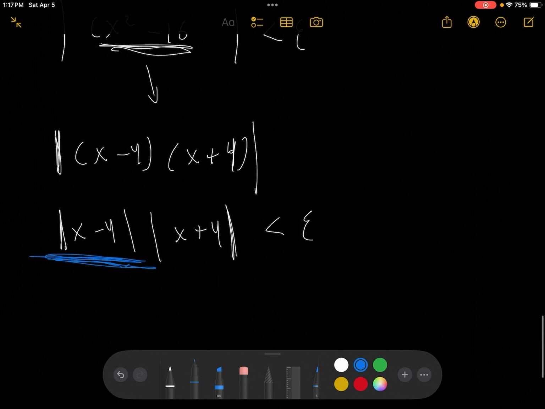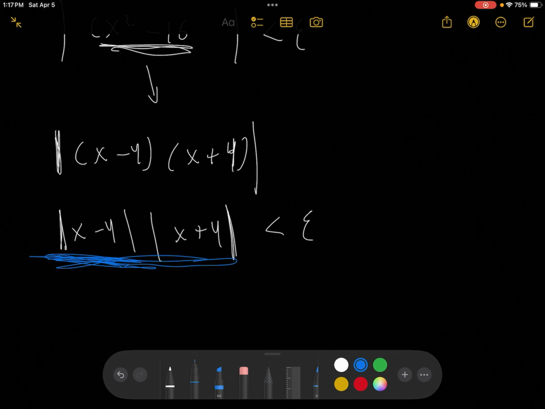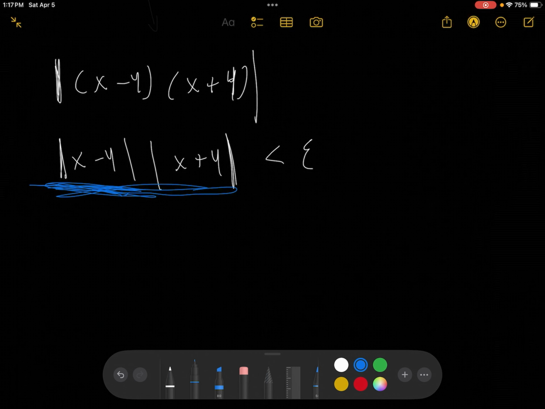So we know that this expression here is less than delta times the absolute value of x plus 4.